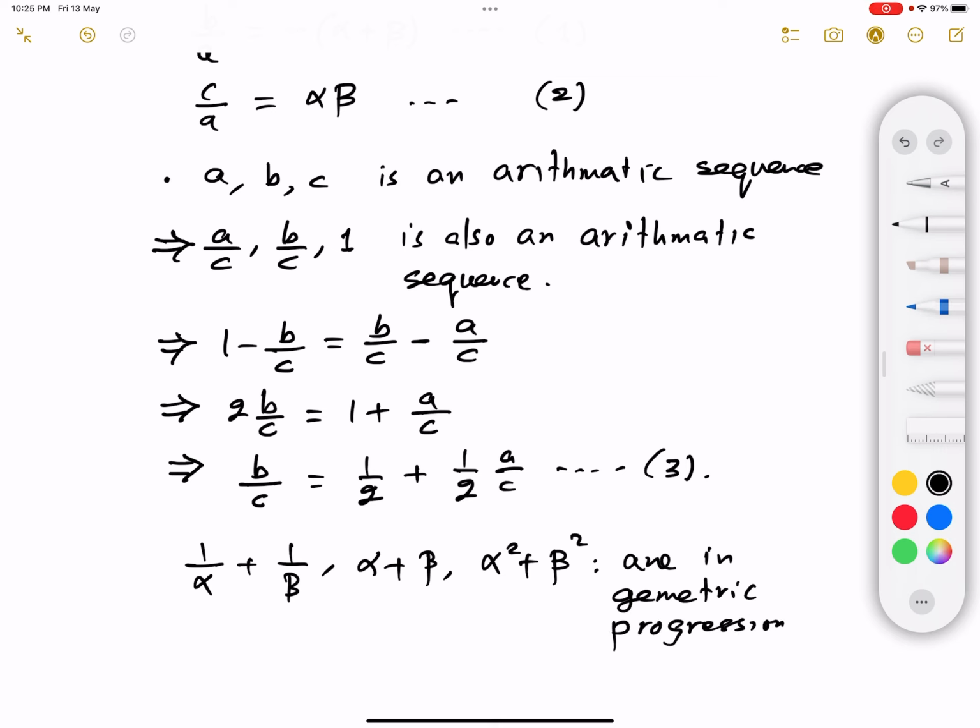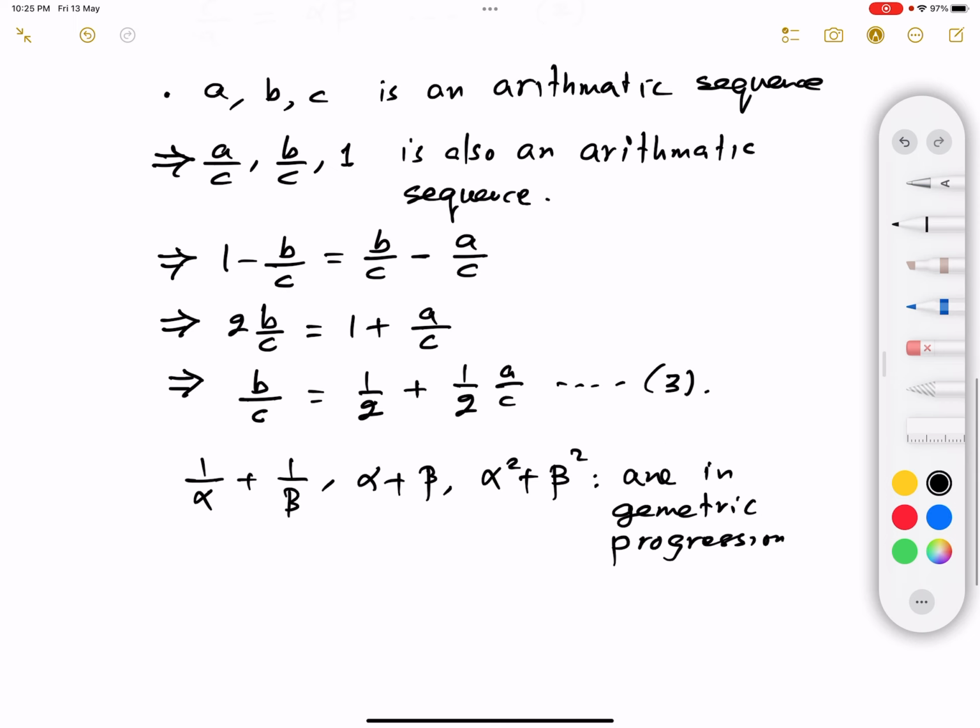That tells us that these three elements are part of a geometric sequence, which means that if we divide any two consecutive terms, that gives us a constant value.